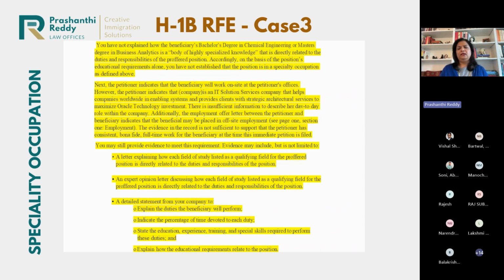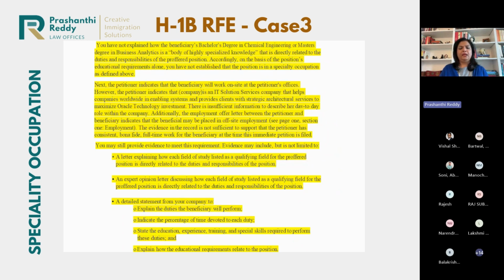It's called OOH, and this book lists all these different positions and says what the criteria is for each position. So if it says in that book that a bachelor's degree in computer science is required, then you're most probably okay to file the H1 for that position. If it says it's not required, then you'll have an uphill task.